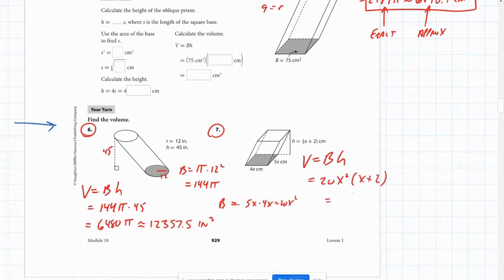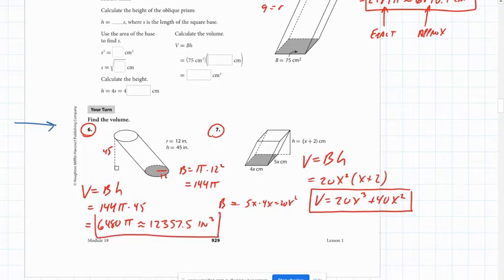And so if we multiply that out, we get 20x cubed plus 40x squared for our volume. And this one is actually in cubic centimeters.